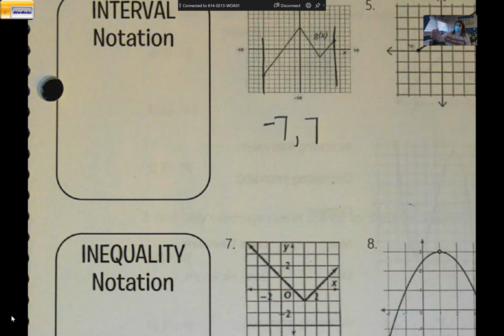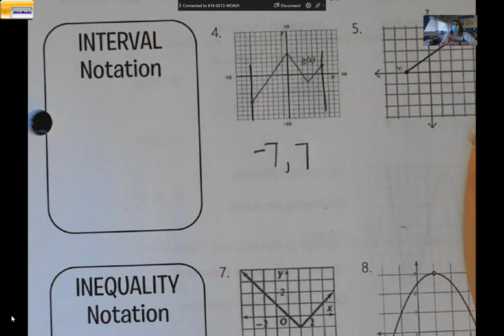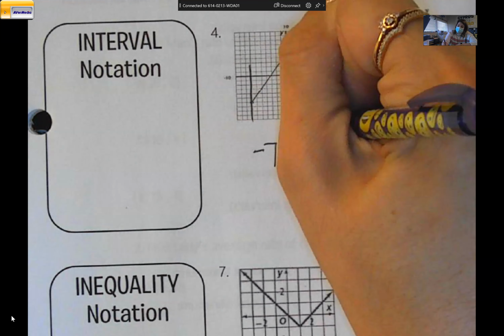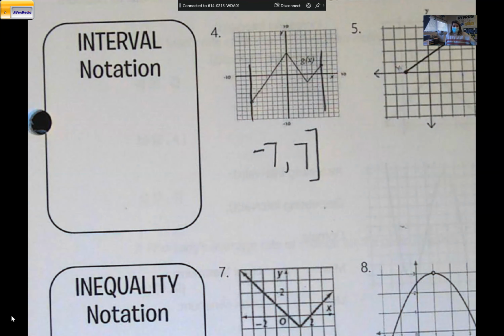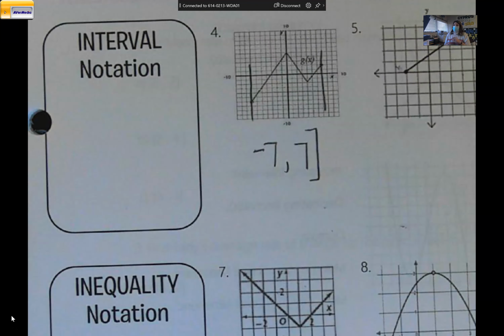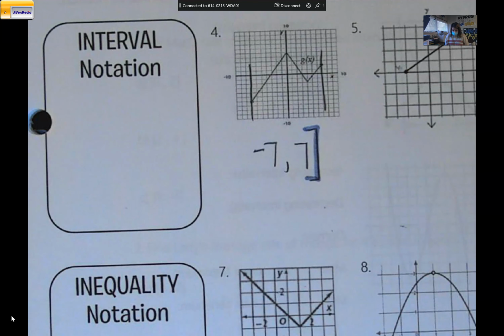Okay, well, on the circle example, I told you that we could use square brackets, but you can only use a square bracket on the 7, because square bracket means equals.